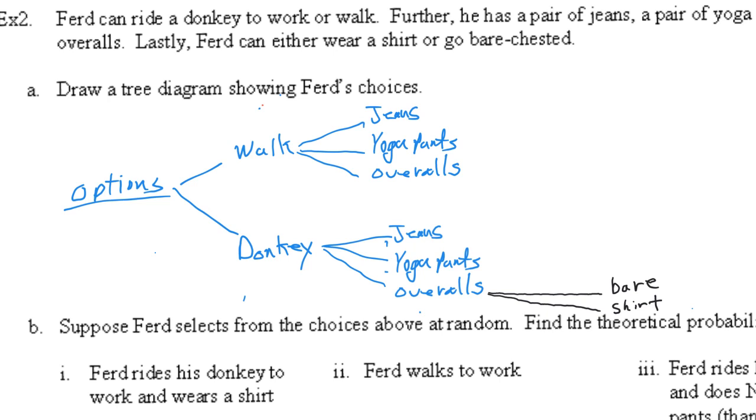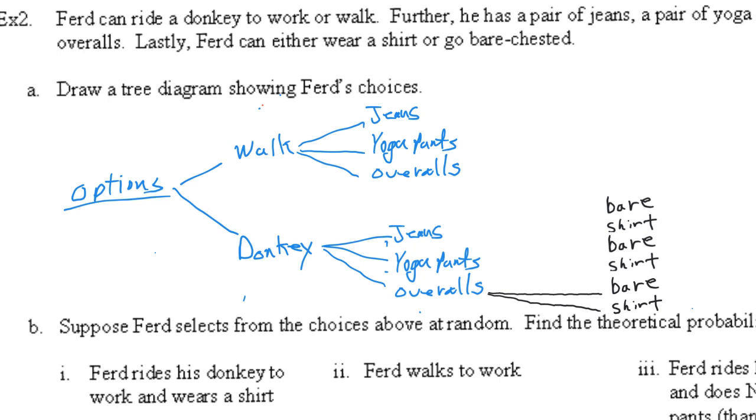Now, what is cool about this is if I wanted to, I could go down the donkey, go across, and then choose yoga pants, but I still have to choose whether I'm wearing bare or shirt for the day. So we have this happening for the lower half of the tree, which is right here.